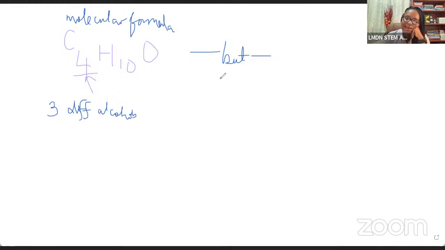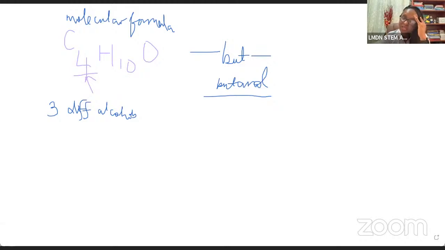So it would be a variation or varieties of butanol, right? There are different isomers of butanol, which has 4 carbons, 10 hydrogens and 1 oxygen, right?